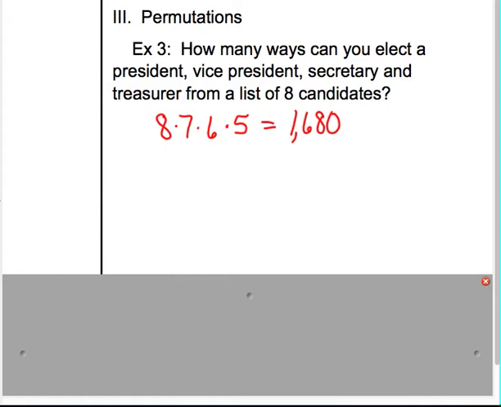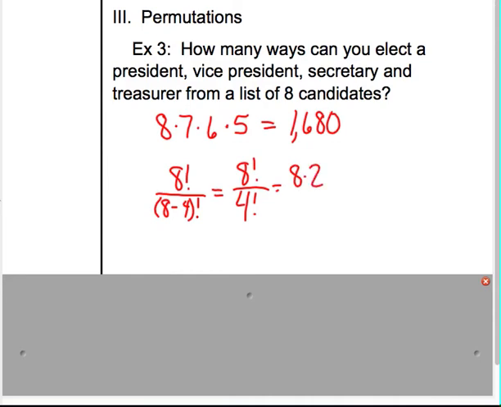But there's a formula for permutations. We take 8 factorial, and that's all of the options to choose from, but we divide it by the number that we're choosing. So we're choosing 4, so we do 8 minus 4 factorial. If we expand this, we get 8 factorial over 8 minus 4, which is 4 factorial.